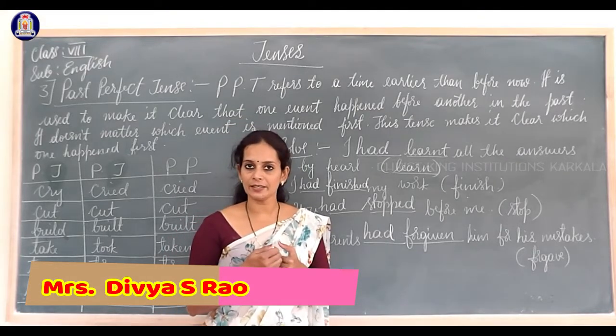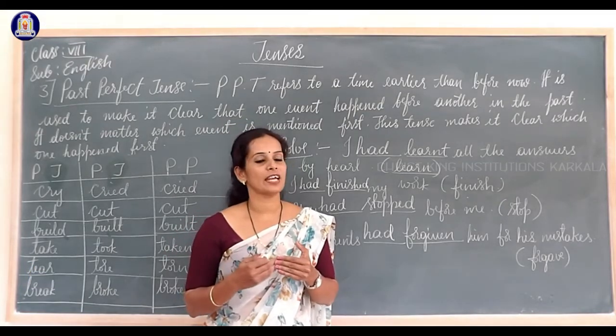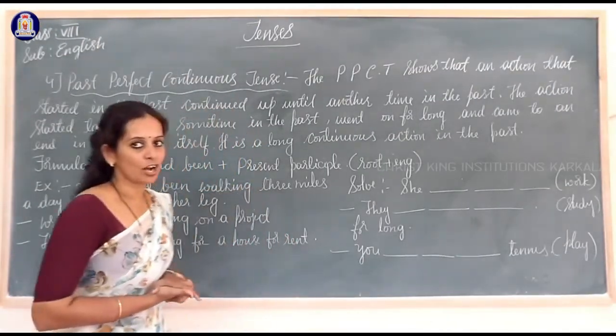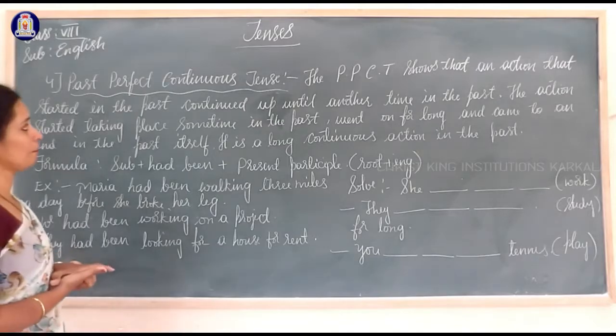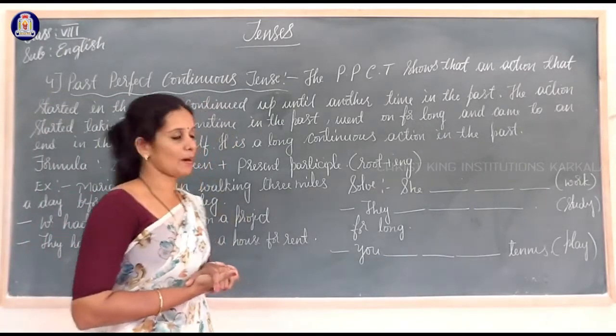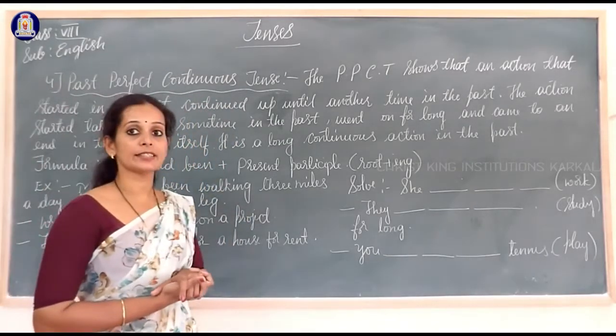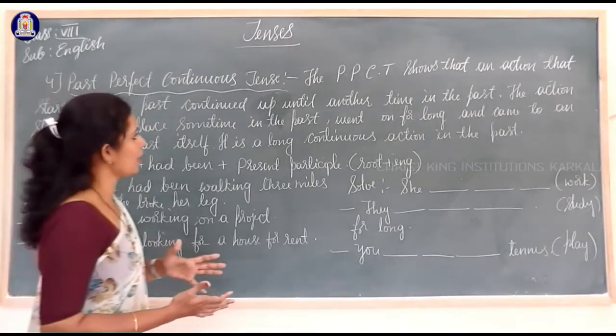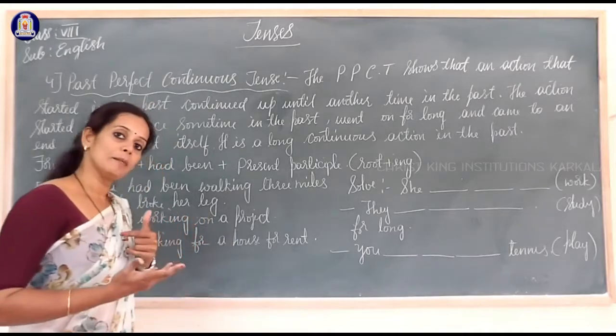Now, let us move on to the last division of past tense. Which one is that? Past perfect continuous tense. So, the fourth division of past tense is past perfect continuous tense. Past perfect continuous tense shows that an action that started in the past continued up until another time in the past.